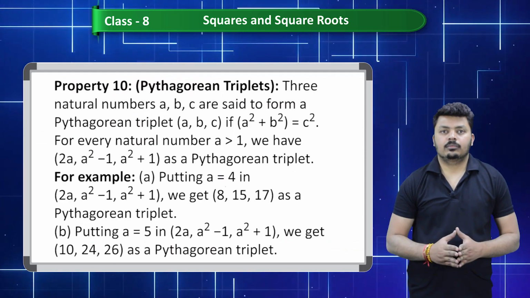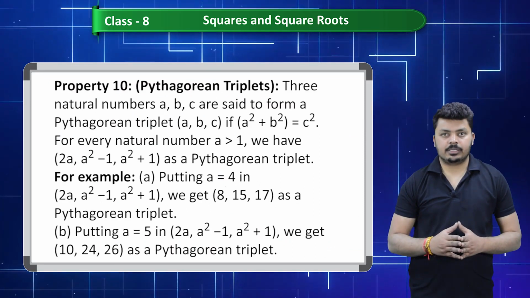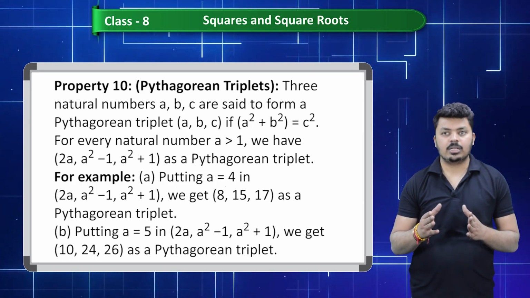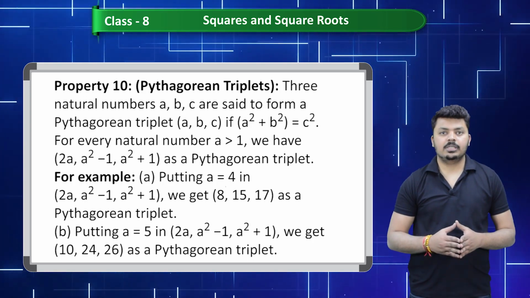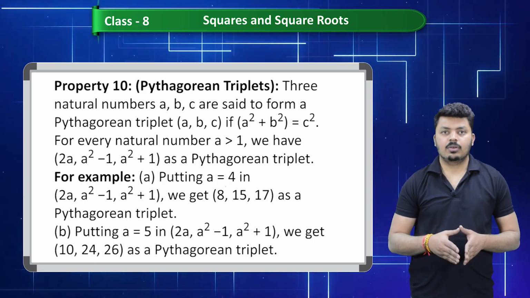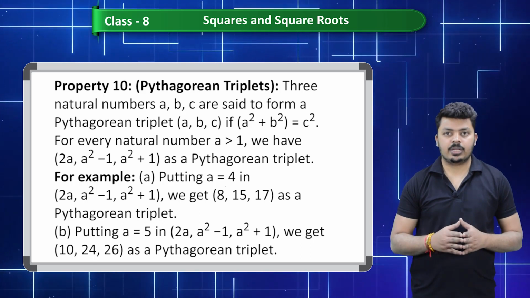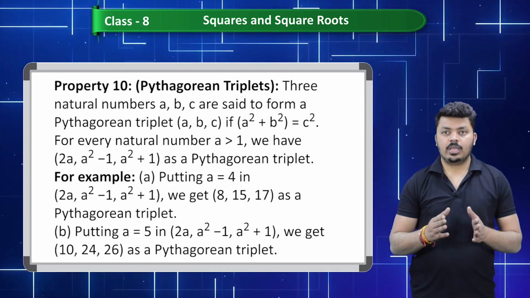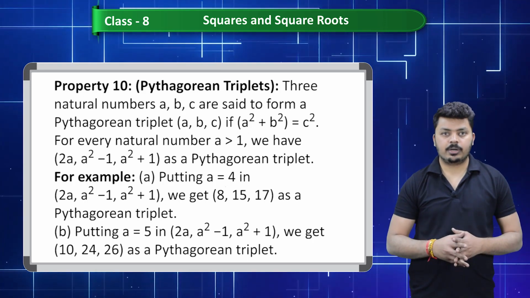Property 10. Pythagorean triplets. Three natural numbers a, b, c are said to form a Pythagorean triplet a, b, c if a square plus b square equals c square. For every natural number a greater than 1, we have 2a, a square minus 1, a square plus 1 as a Pythagorean triplet.